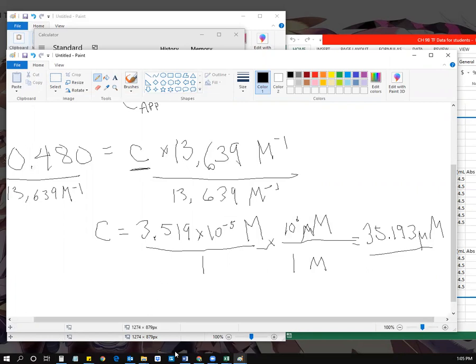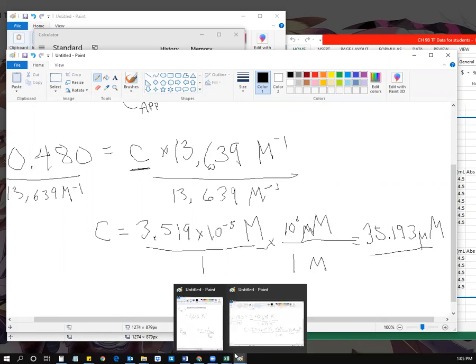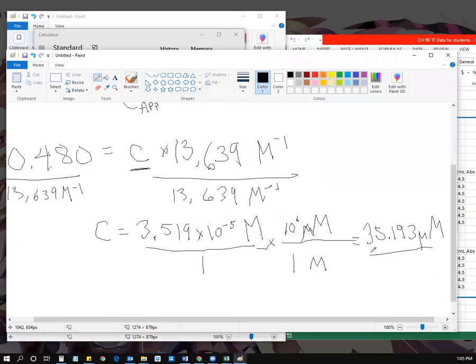Now, we're not just done yet for this calculation, because prompt B3 asks us to find out what the total nanomoles value is for the number of sulfhydryl groups in that reaction. So if we have concentration, in order to find nanomoles, we need to know what our volume is.